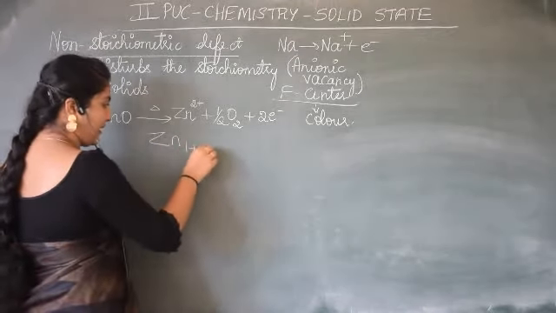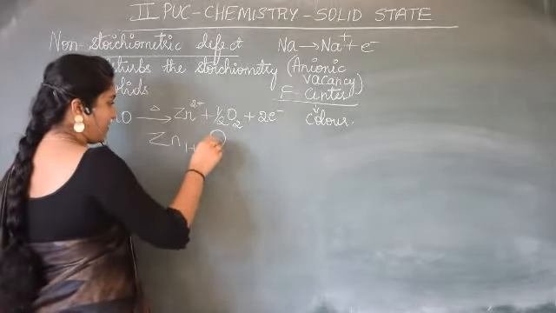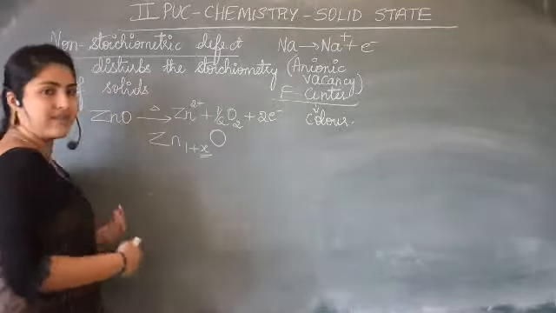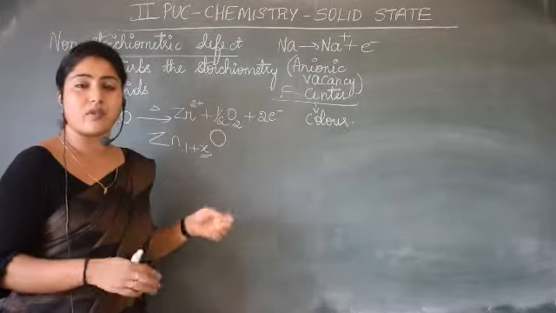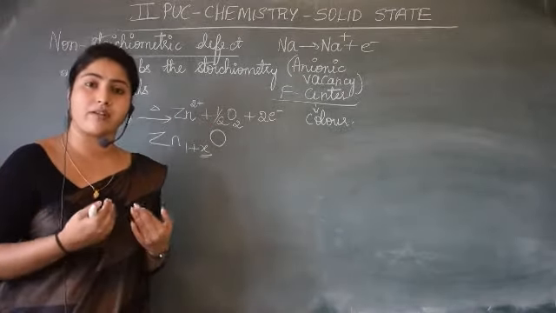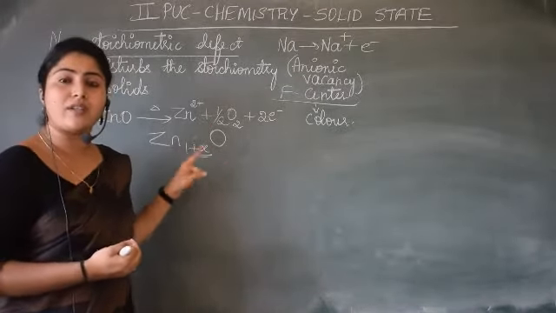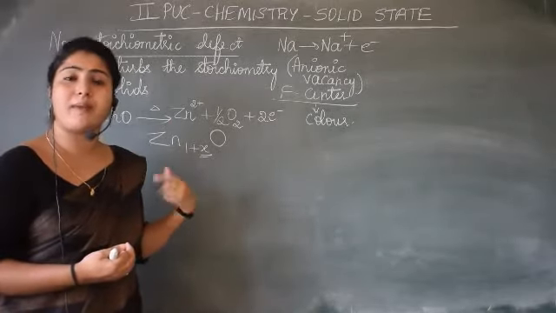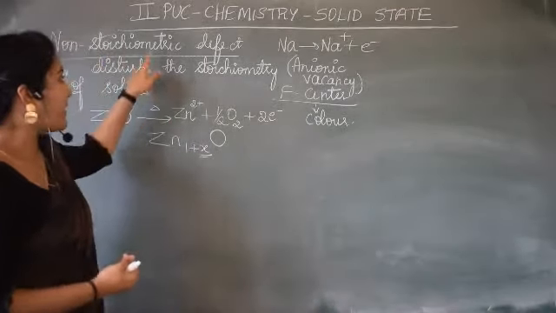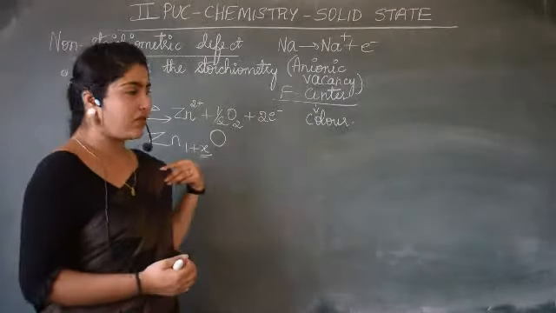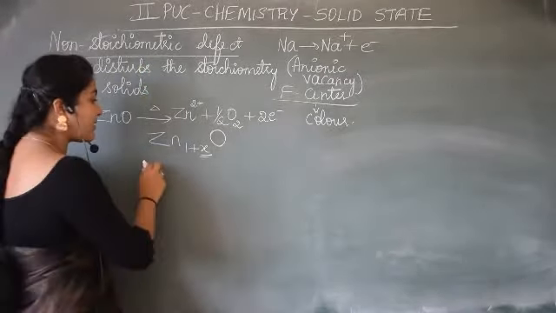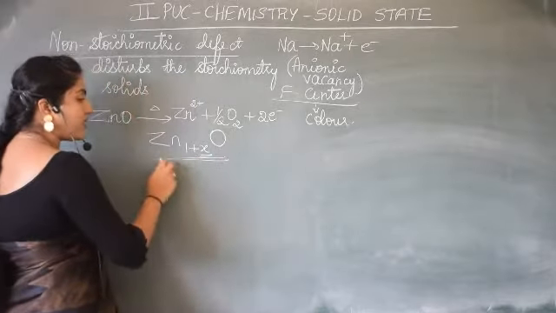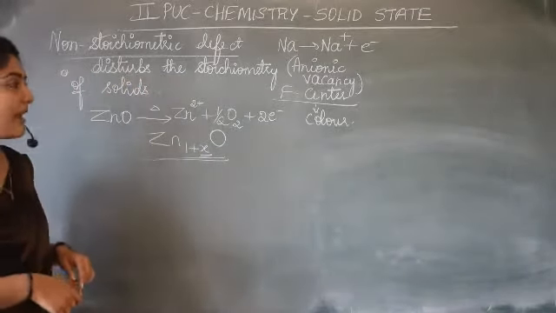It was 1 earlier, now 1 plus x, which means x amount of ions are more. So Zn will be more compared to O. Than the normal stoichiometric ratio expected, the ratio will now be different, which means it is a non-stoichiometric defect. So this is an example of metal excess defect. Now it is clear why it is called metal excess defect: because the metal is present in excess.